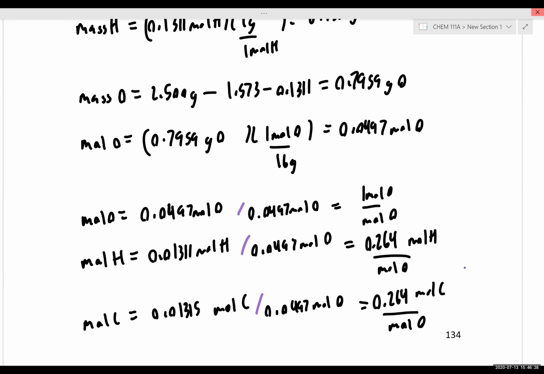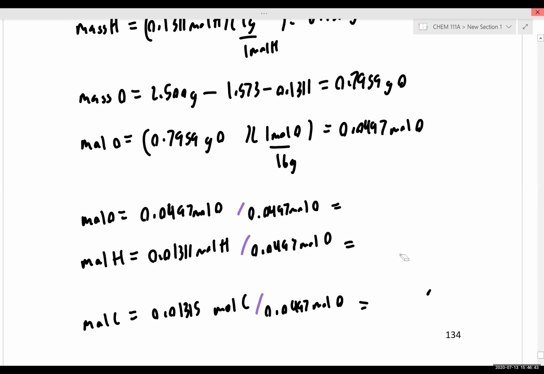Okay, so one thing from our initial examination is that we divided by the moles of oxygen. Let's instead divide by the moles of the smallest quantity, which in this case would be the moles of carbon or hydrogen, and let's see what we get as a result.